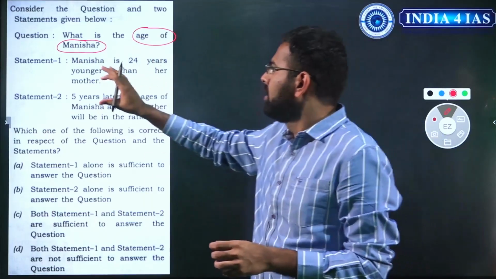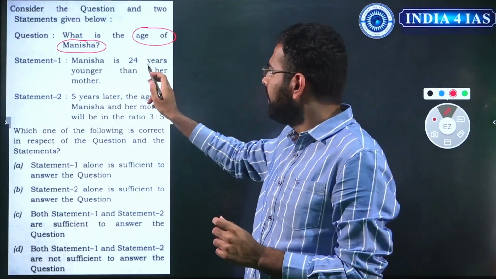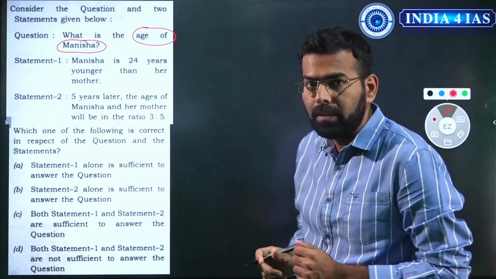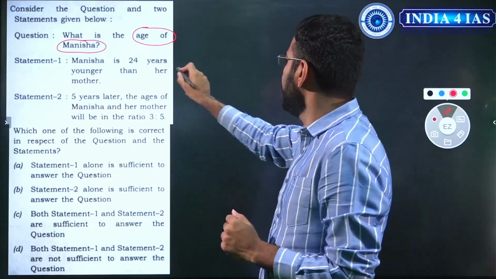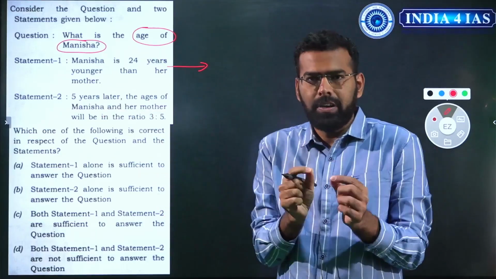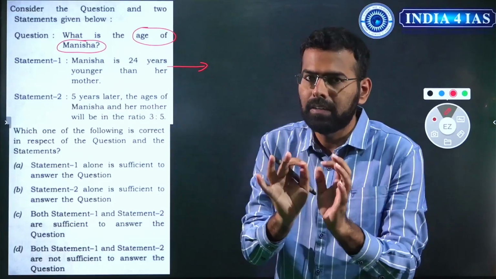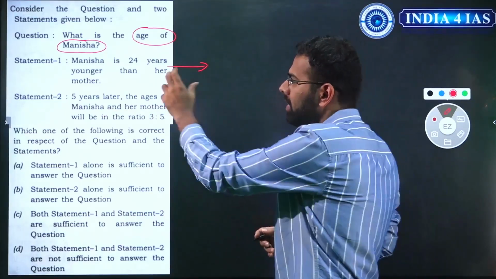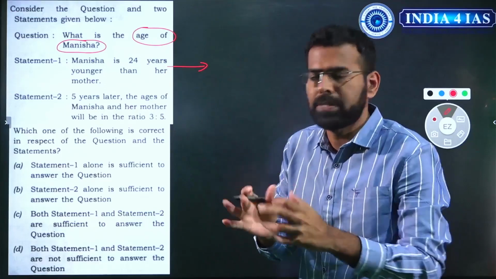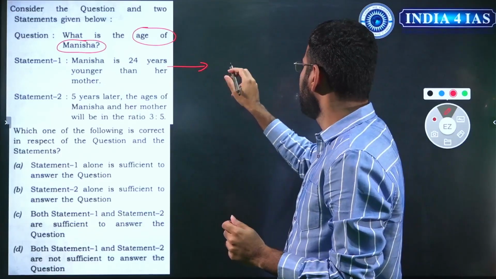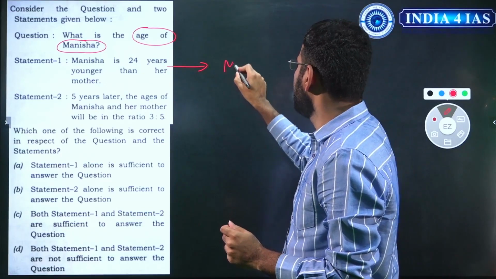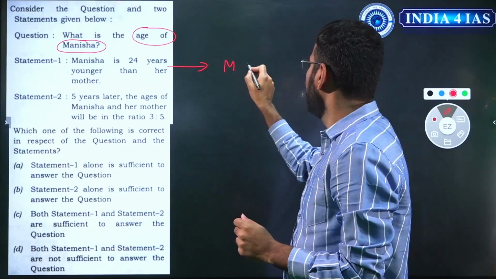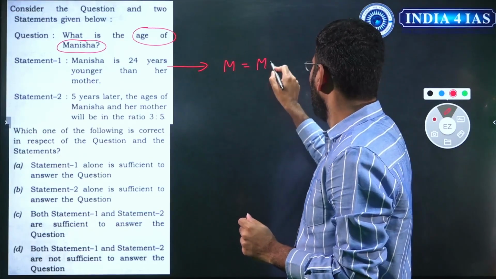Statement 1: Manisha is 24 years younger than her mother. What is the meaning of this statement? You have understood, Manisha is 24 years younger than her mother. Now, how to put this in terms of some mathematical representation? You have to just use an equation. For example, I'll take Manisha as M and her mother as mom.